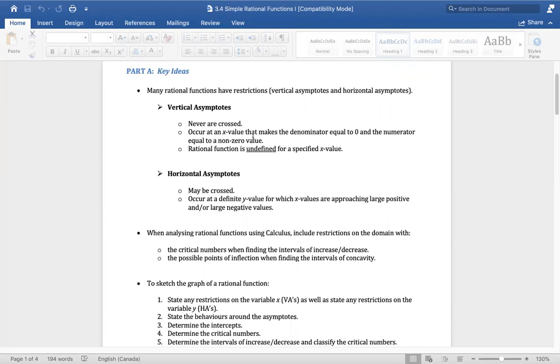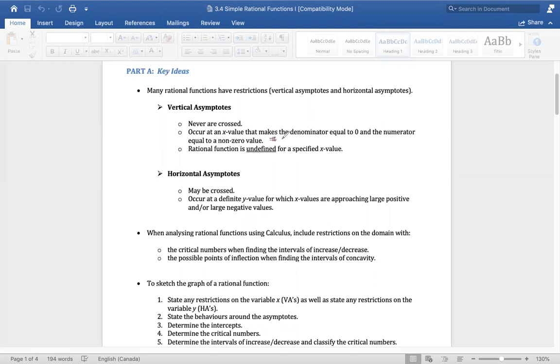It will occur at an x value. For a vertical asymptote, we're looking at an x value that makes the denominator equal to 0 and the numerator equal to a non-zero value. A non-zero value is just a number. So we have a number on top divided by 0.